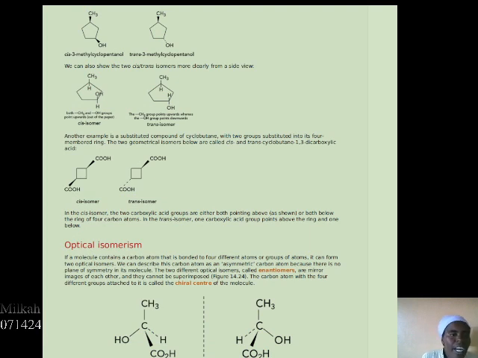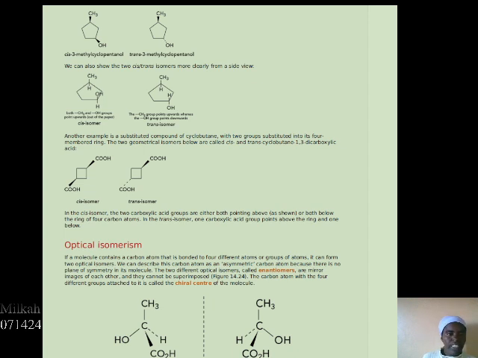We can also have isomerism shown in wedge and dash diagrams. So for example, the first one here we have cis 3-methylcyclopentanol.